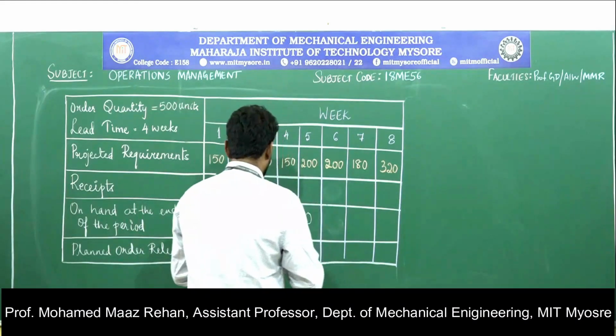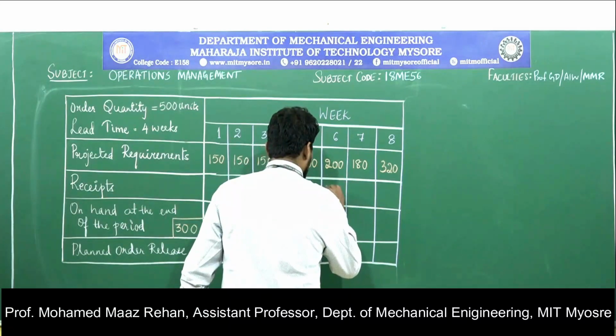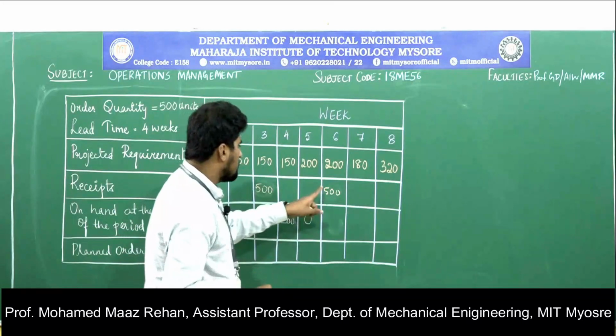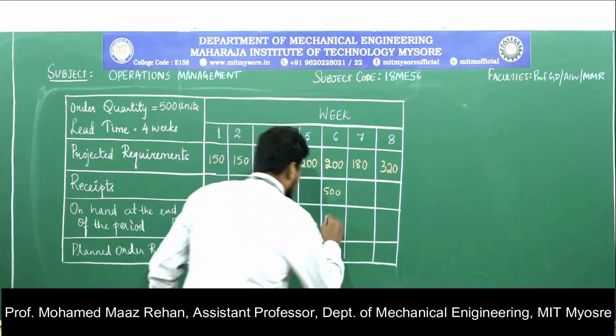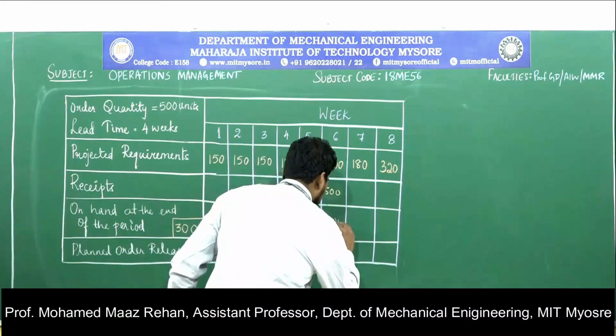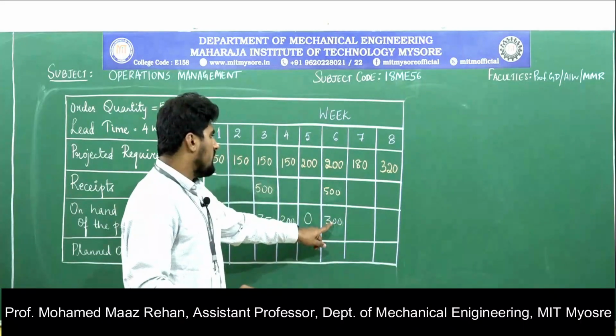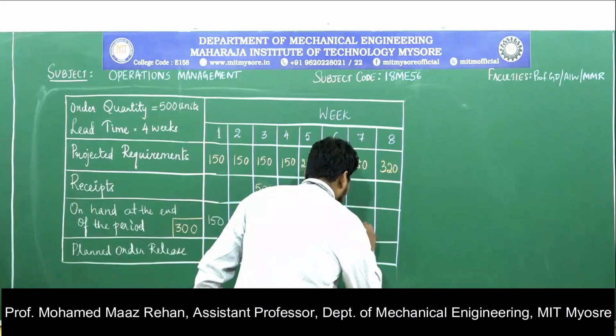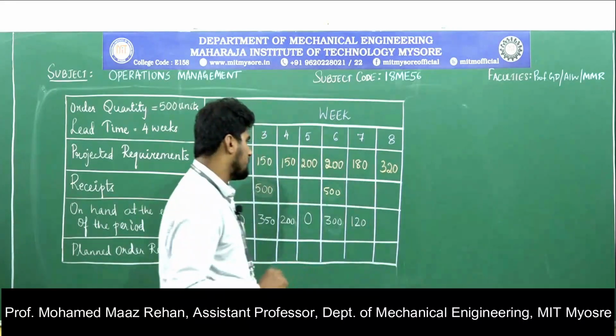So here you should have 500 units in week 6. So 500 minus 200, you will have 300. 300 minus 180, you have 120 units.